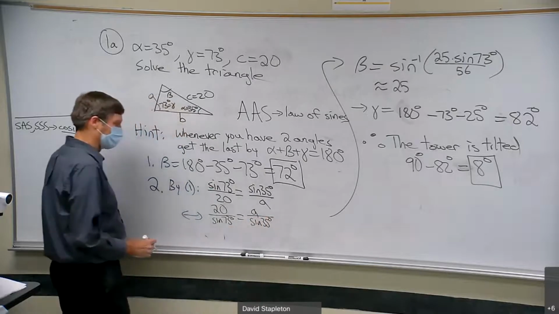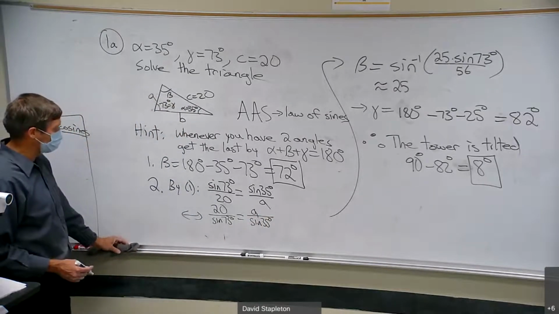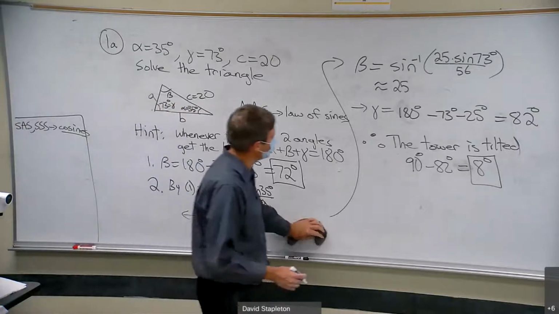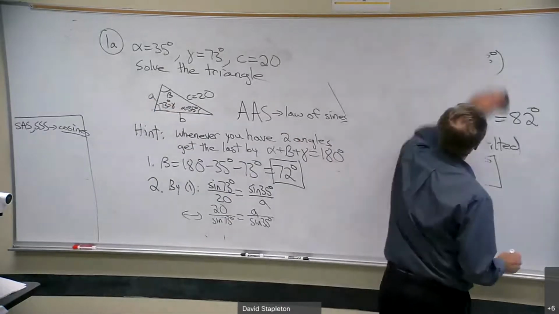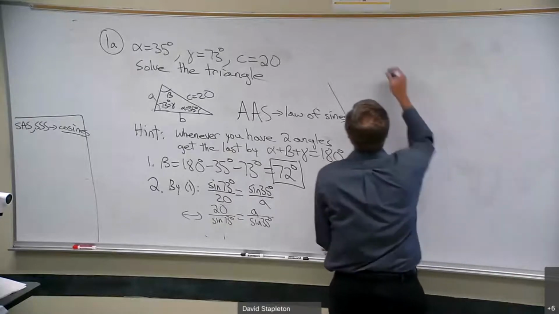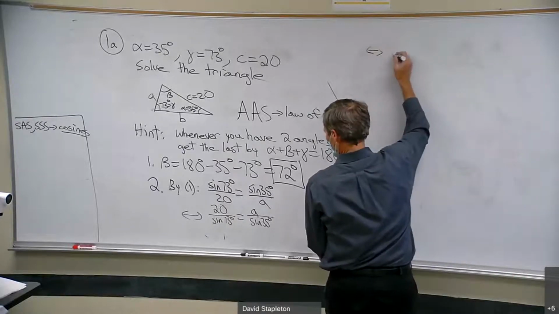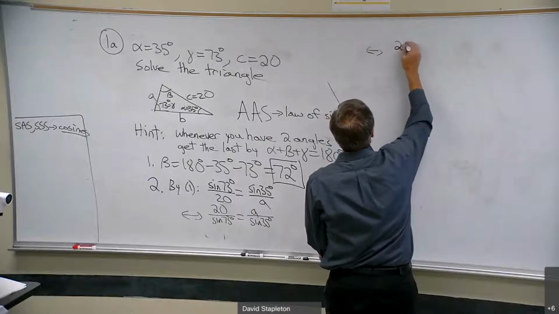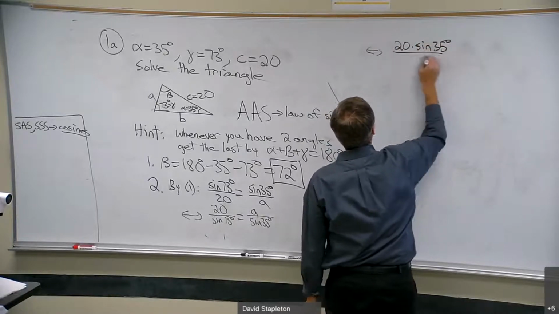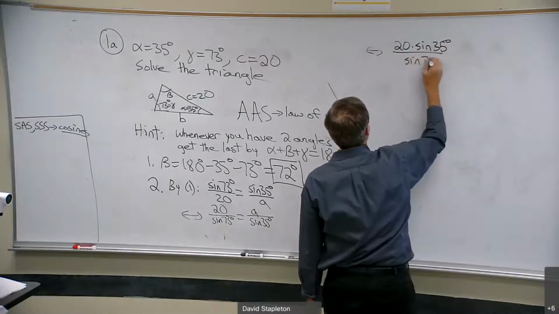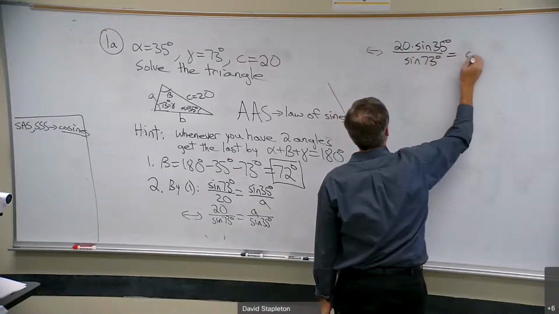How about like that? And now if I just multiply both sides by sine 35 degrees, I have A, right? So equivalently, 20 sine 35 degrees over the sine of 73 degrees is equal to A.